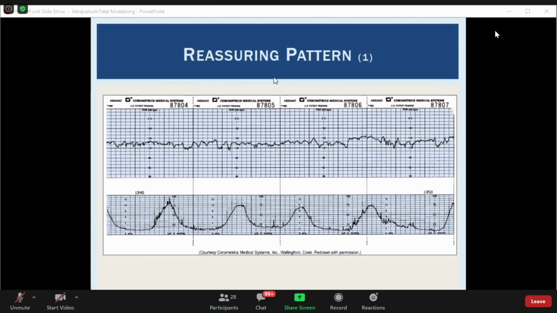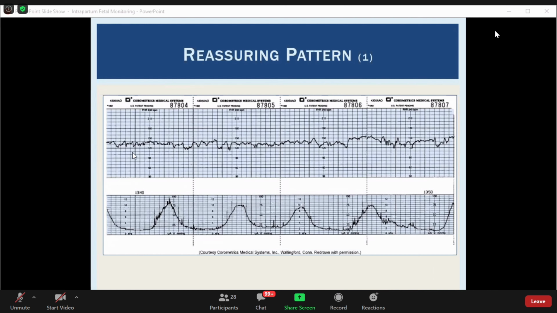We talk about reassuring and non-reassuring. And it's just what it sounds like. A reassuring pattern is a pattern that you're comfortable with, what you see, you're not concerned about. Non-reassuring is just what it sounds like. You're not happy, you're not assured with what's going on, okay?